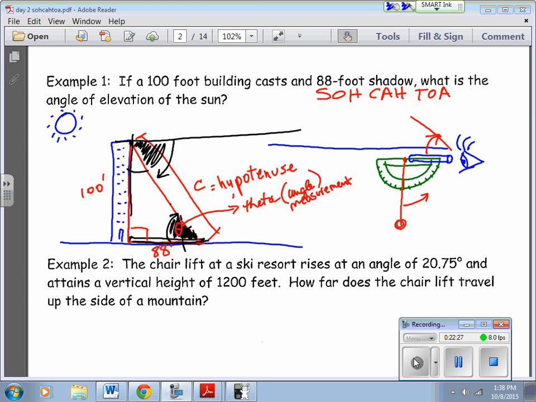Now the way I have it, the string came back here and it stopped at about 73 degrees, but you got to keep in mind I was at 90 degrees when it was flat horizontal. That doesn't mean that the angle that I looked up right now is 73 degrees.